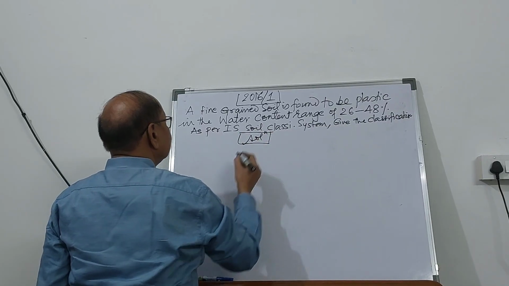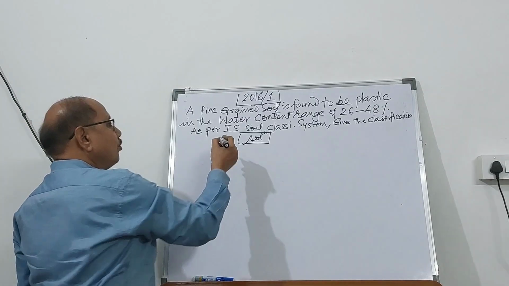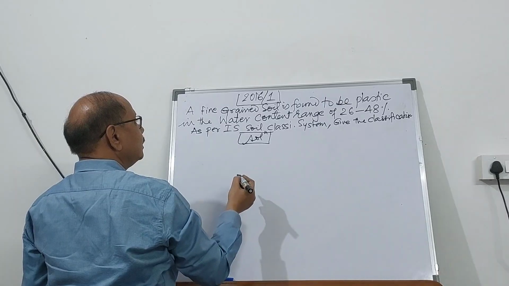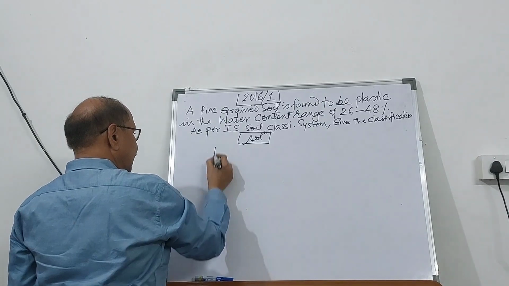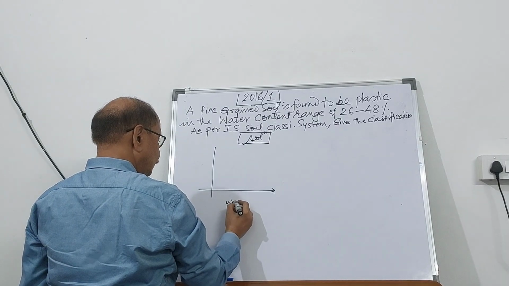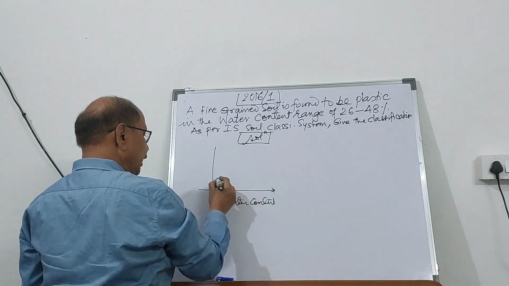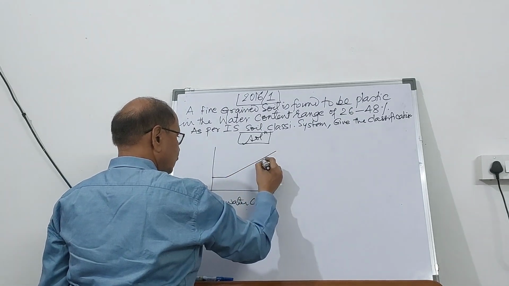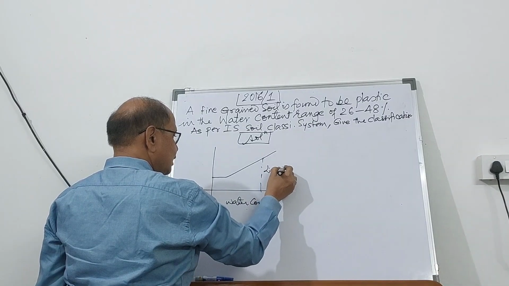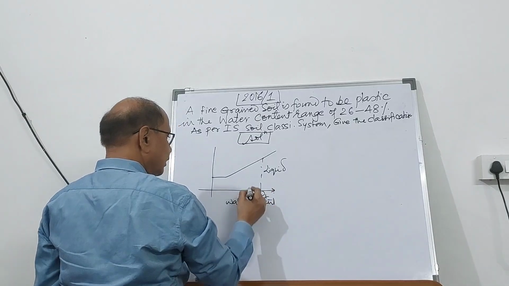So the solution for finding out the classification has to be based on the water content range, which is given to you. It is plastic. So you know that when the water content is going to change, beyond this it is in liquid condition, and this is called the liquid limit.